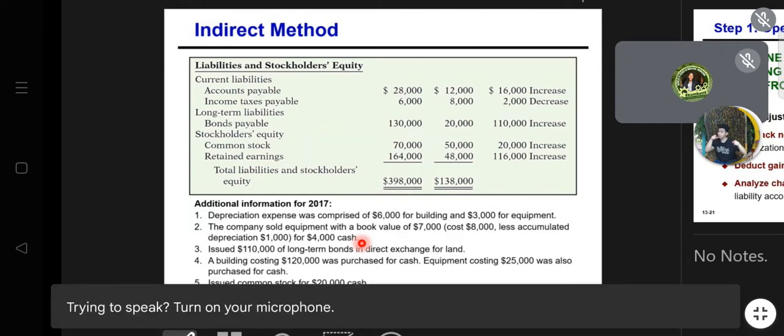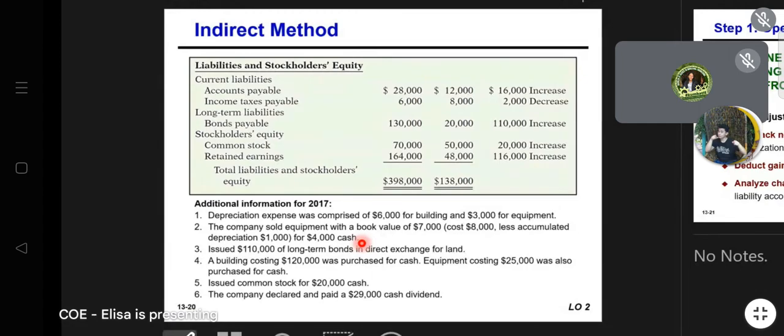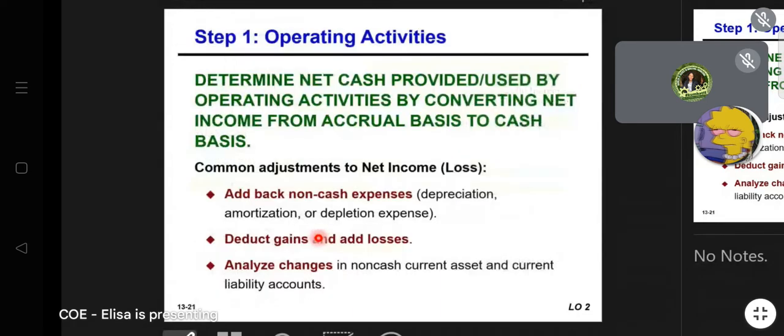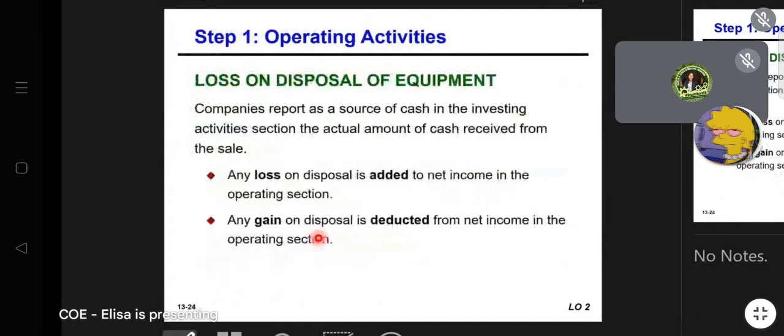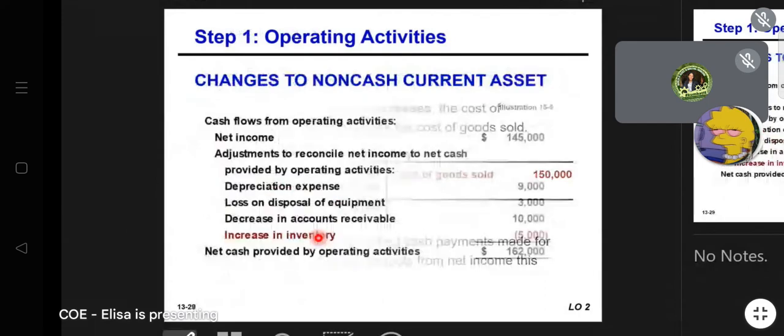That is the reported loss on sale of equipment. So definitely it incurred a loss of 3,000, which we report in the income statement as loss on sale of equipment. But the 4,000 that we received, we report in our investing activities.